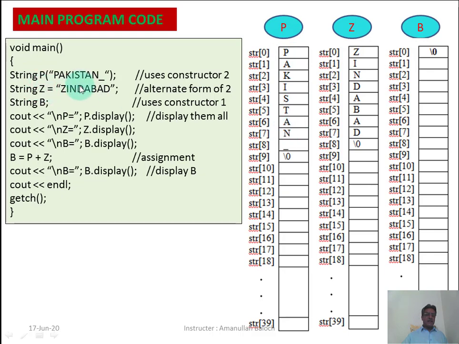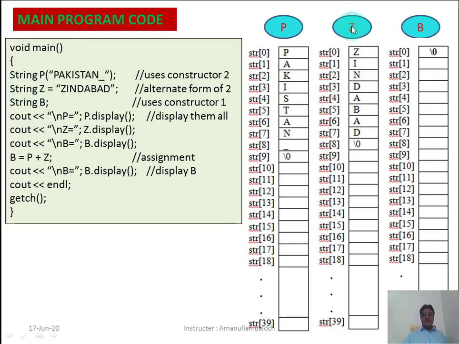Z is an object and it contains the value Zindabad. So when the string class assigns the 40-character array to Z, the constructor will accept the Zindabad value and store it in the memory of the Z object assigned by the string class.